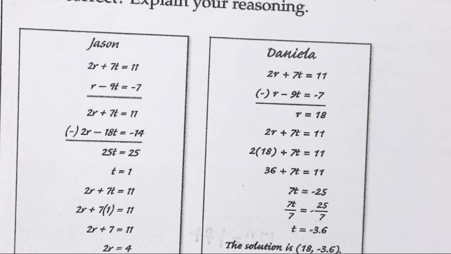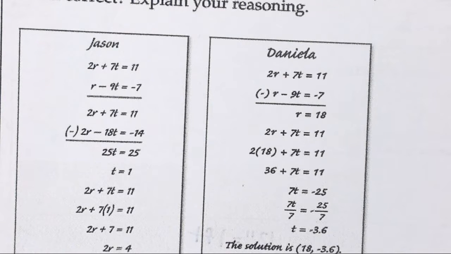But yeah, she did that same negative thing he did. Yeah, it will be positive. You think it would be positive 18, because 11 minus -7 would be positive 18.